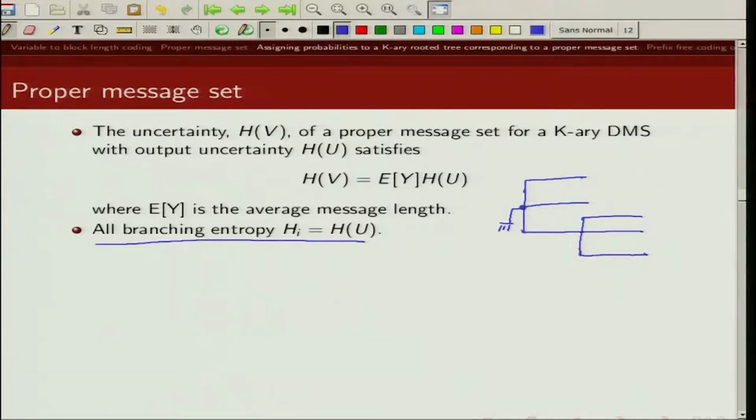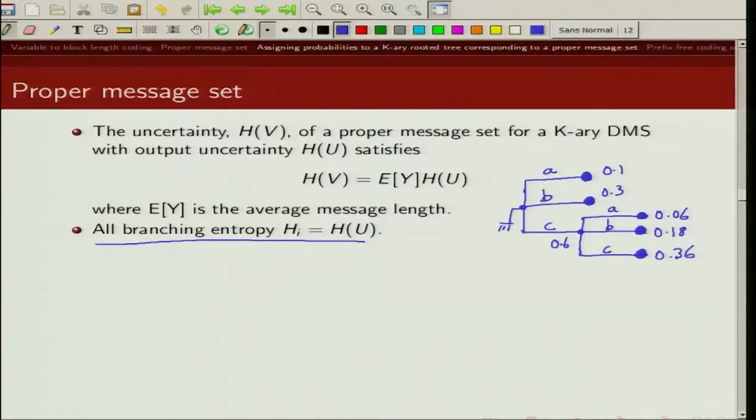This is my root, this corresponds to letter A, this corresponds to letter B, this corresponds to letter C. This is CA, this is CB, this is CC, and the probabilities were 0.1, 0.3, 0.6, and this was 0.06, this is 0.18, this is 0.36.